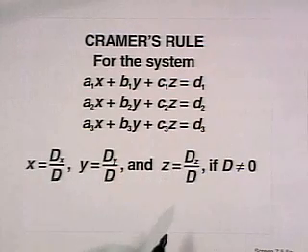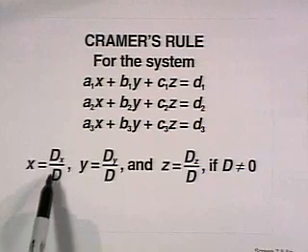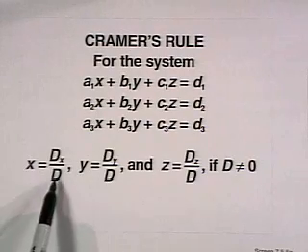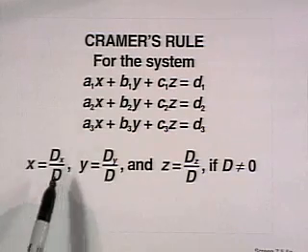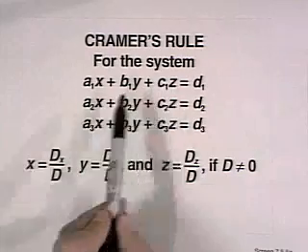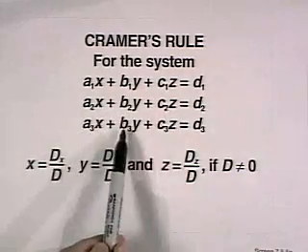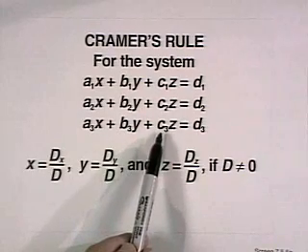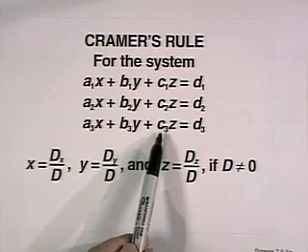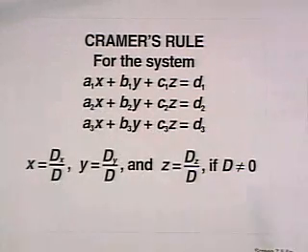Now let me explain to you that first of all, the d values here, without any subscript, are the determinants formed from the matrix using the coefficients a, b, c1, a2, b2, c2, and a3, b3, c3. That's called the matrix of coefficients, and the determinant from the matrix of coefficients is our d.